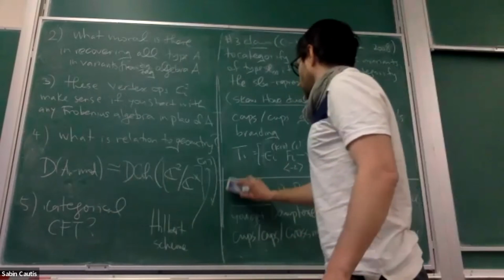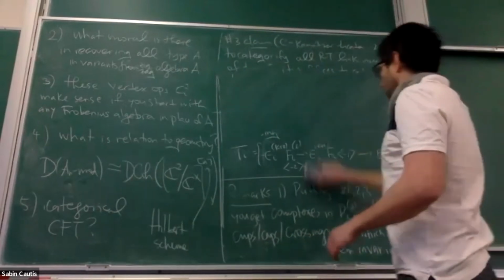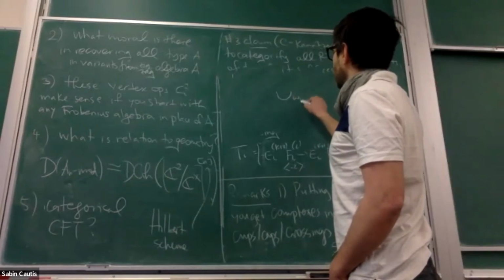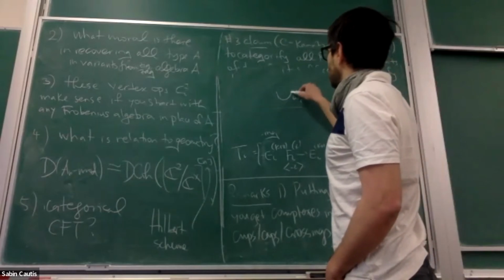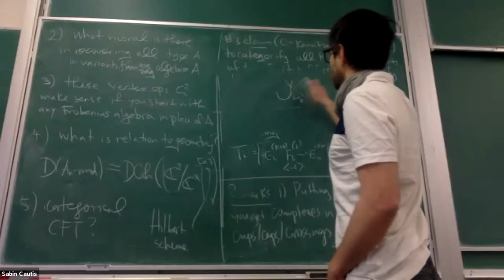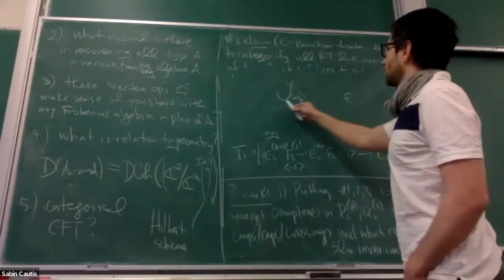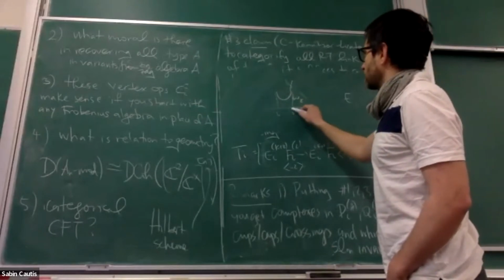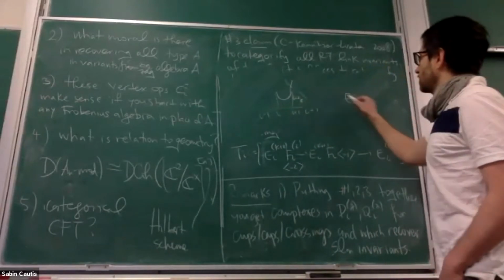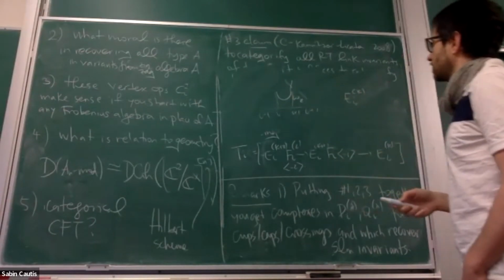For example, if I have a braid colored by omega_k, and I'm starting with the cup, say this is strand i plus 1, then I would associate to it E_i to the k, where this is the k here.